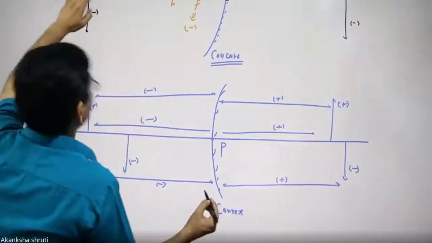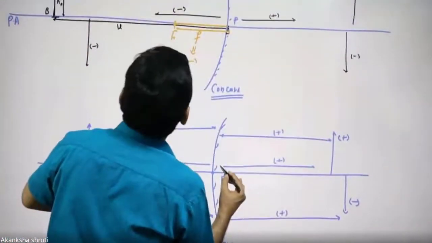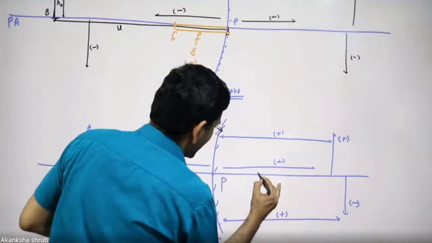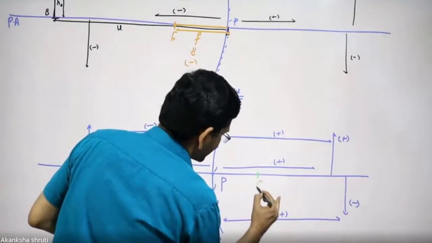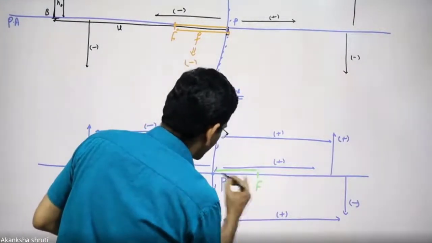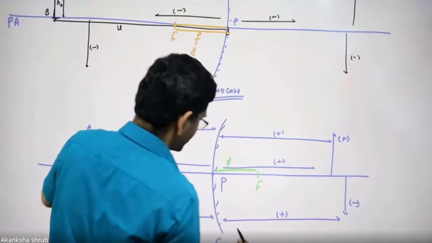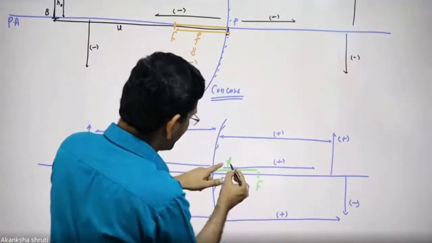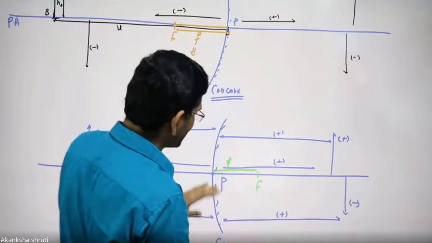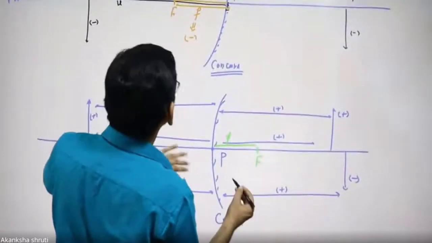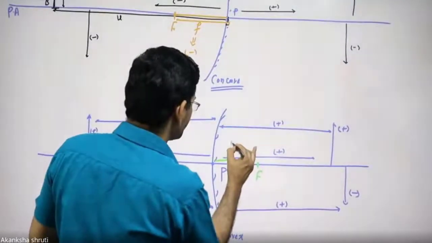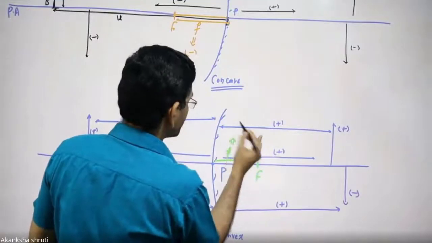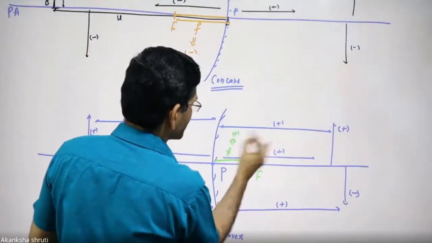For convex mirror, we have the focal length on the right hand side. Means this is the focus, it will be our focal length. So right hand side, the focus or all the distance measured is taken as positive. So in this case, this focus or the focal length will be positive.